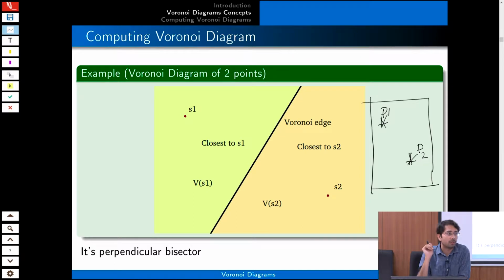Say these are 2 hospitals and this is the outline of the city. And you want to find out for which set of patients the hospital at P1 is closer than hospital P2. What will be the division?